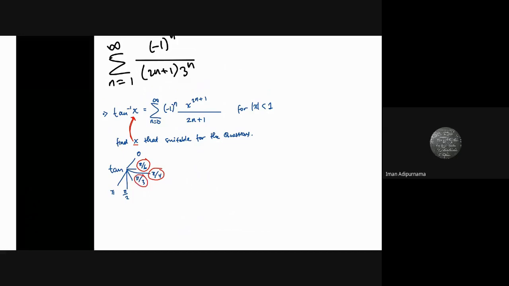Okay. If we check tangent pi over 6, we will have 1 over square root of 3, right? If you have pi over 4, it's 1, right? If we have pi over 3, we will have square root of 3, right?